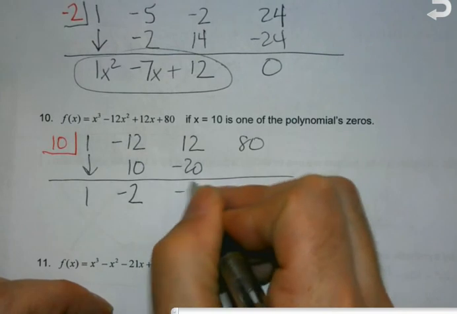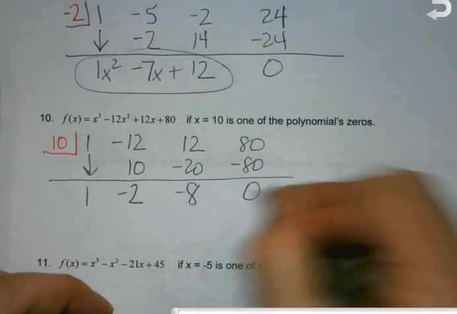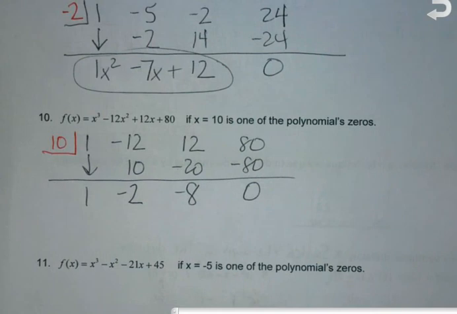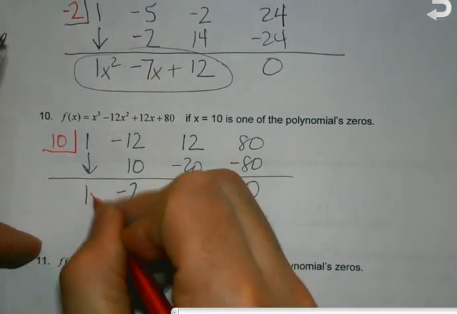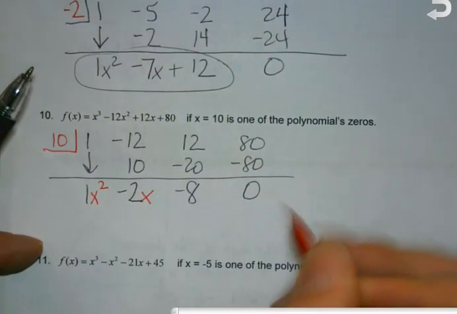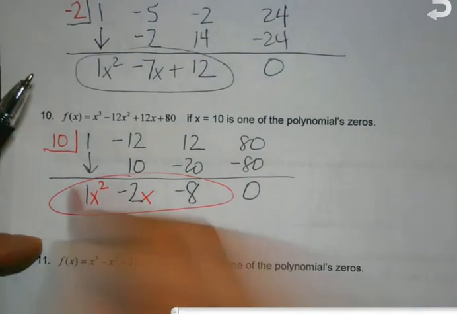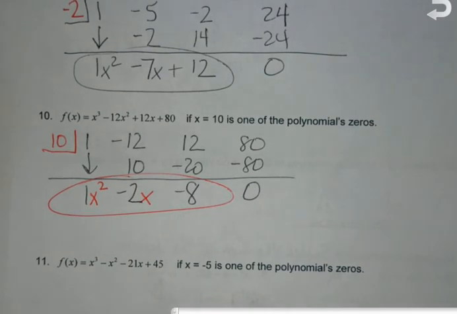Multiply and add. Multiply and add. And again, I started with a degree of 3, dropped down 1 degree, x squared, x, so change.